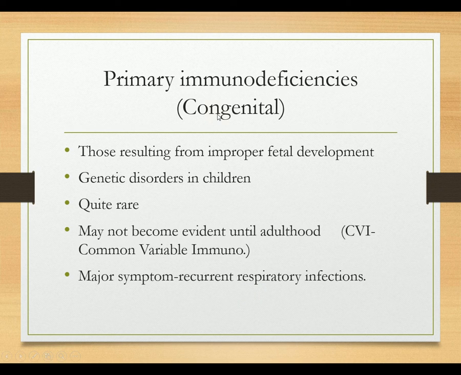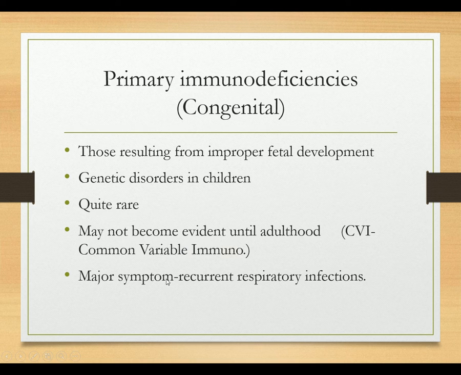Primary congenital immunodeficiencies are those resulting from either improper fetal development or genetic disorders in children. These are quite rare, usually with no known underlying medical condition that we know of. And then there are some that do not become evident until late adolescence or adulthood, and if that's the case, we call these CVIs, common variable immunodeficiencies.